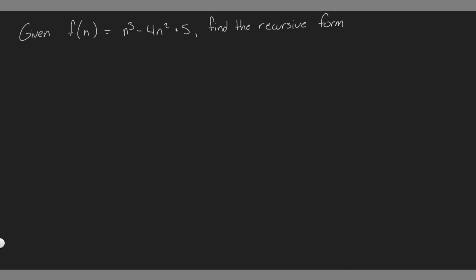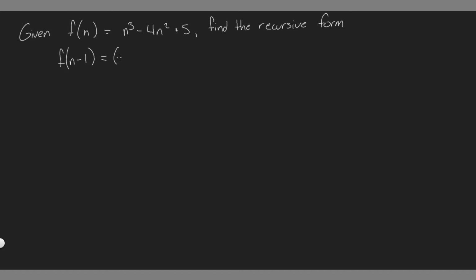So in this problem we're looking at given f of n is equal to n cubed minus 4n squared plus 5, we need to find the recursive form. So just like the last problem we went through, we're going to start by getting the case before f of n, so f of n minus 1.